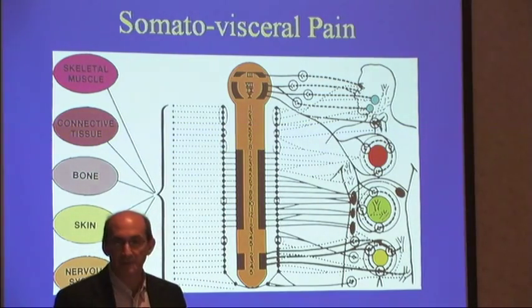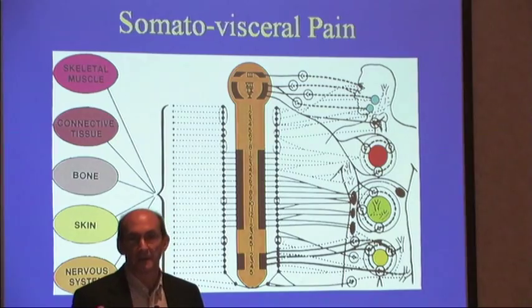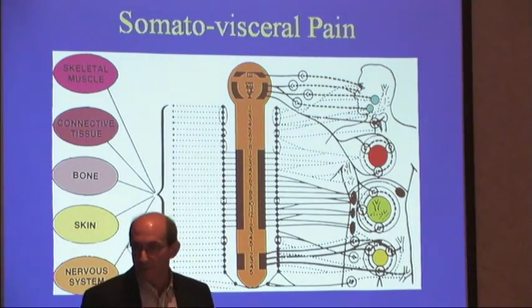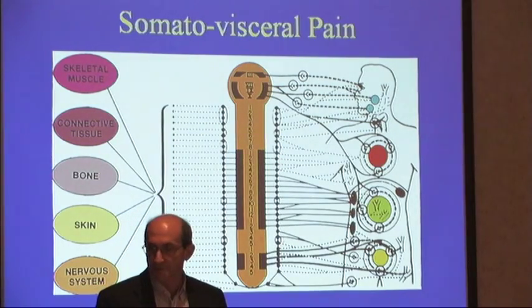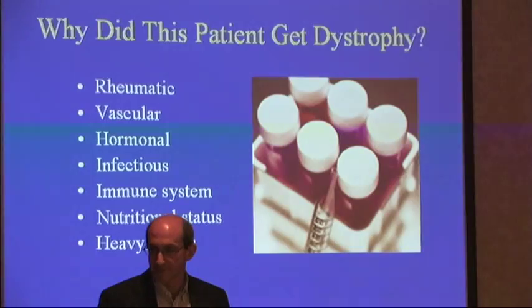We've published several articles on patients with eye involvement, which Dr. Heitman will spend his whole talk on, and heart in particular, some of the dental organ systems, and many of the GI symptoms, where you get a somatovisceral spread of the autonomic nervous system. The slide simply demonstrates the clear connections between the somatic and visceral systems.